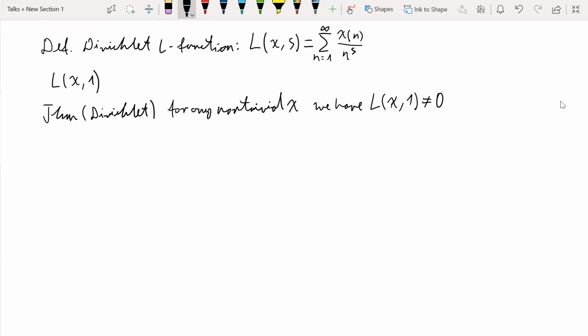Okay. But if this value is non-zero, then we can wonder what exactly this value is, and if maybe this value can tell us something more interesting about some arithmetic structures, like those primes.